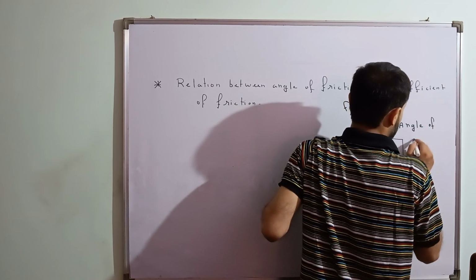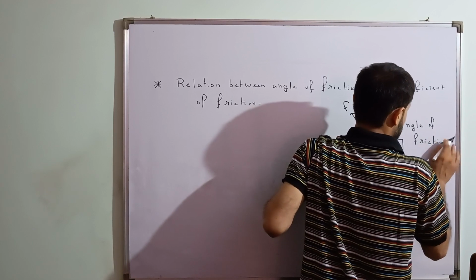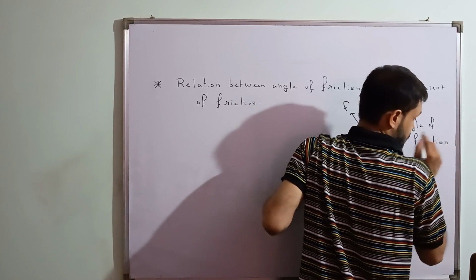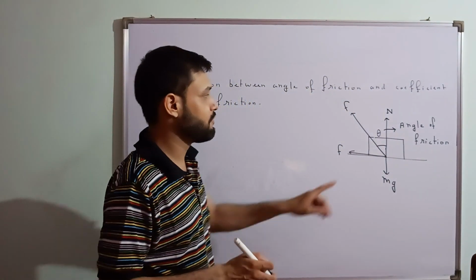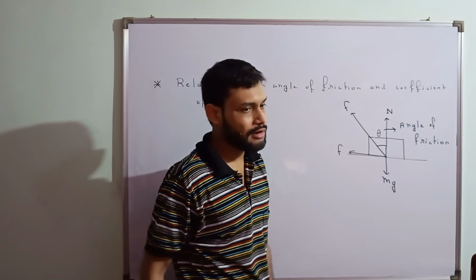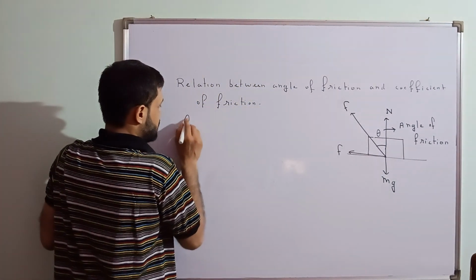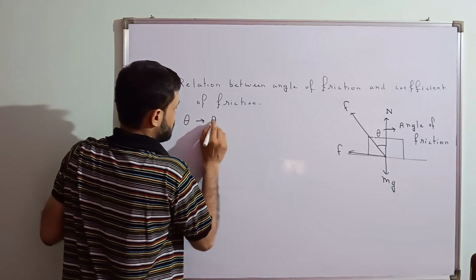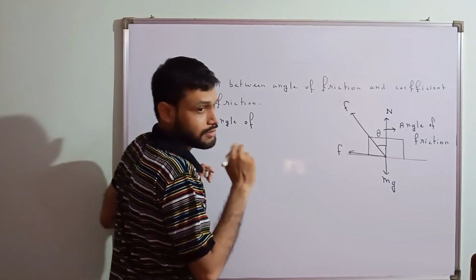This is angle of friction. Now there is a relation between angle of friction and coefficient of friction. So what is the relation between them? If this is the angle of friction, then where theta is, I'm writing it over here, it is angle of friction.